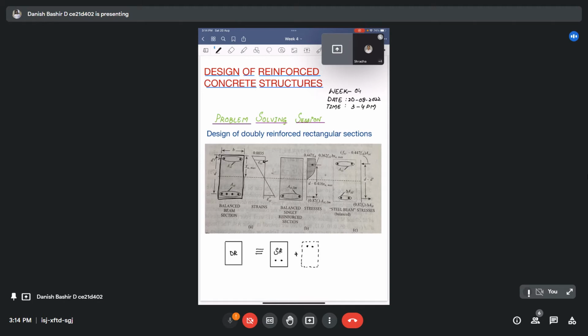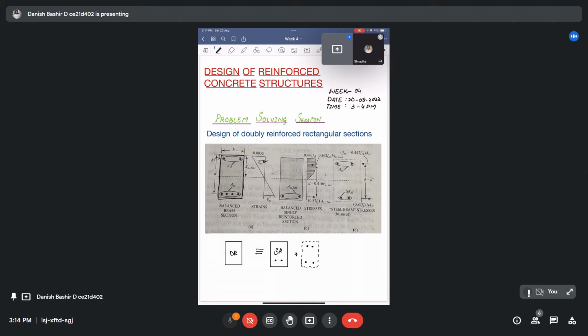Now, if I have provided all the tension steel here in the singly reinforced section, this section becomes inadequate, or it doesn't have any functionality. It will not carry load unless it creates a moment there. So for that, I have to provide tension as well, because I have to resist this compression with tension.